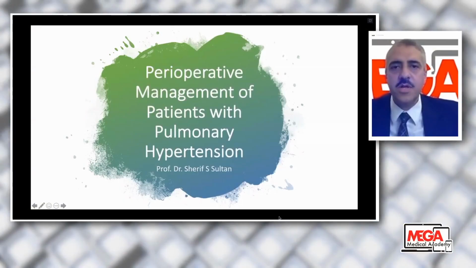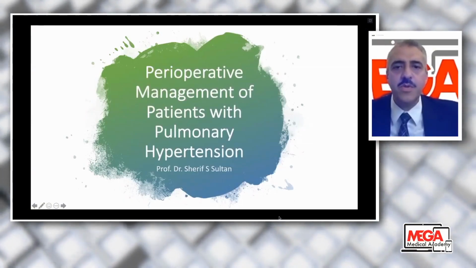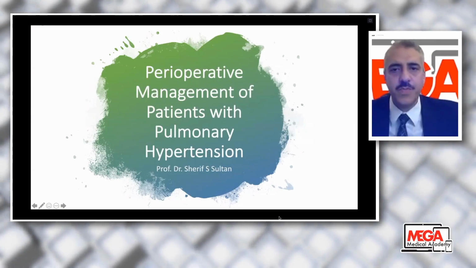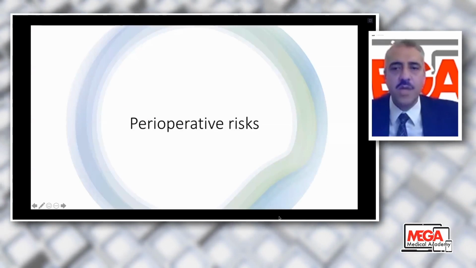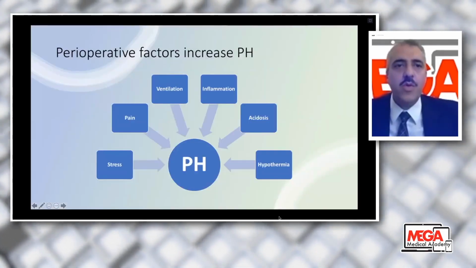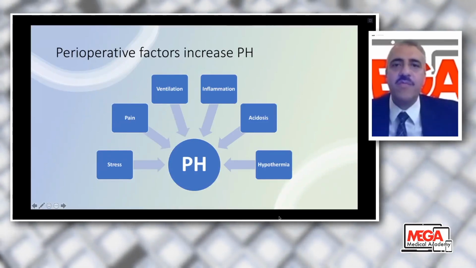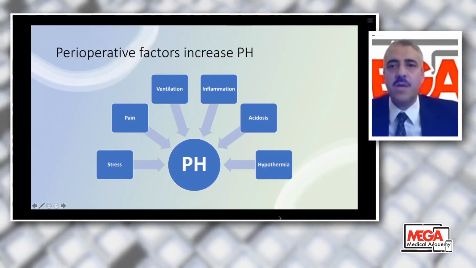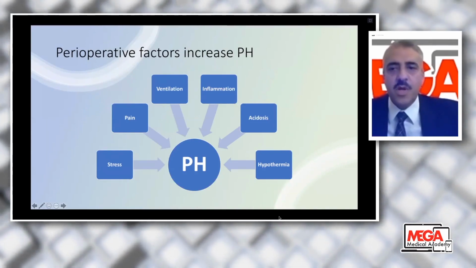Sherif. This lecture is about the perioperative management of patients with pulmonary hypertension. First, we need to know more about the perioperative risks of anesthetizing a patient with pulmonary hypertension. You all know that there are many perioperative factors that might increase the pulmonary artery pressure and augment pulmonary hypertension.